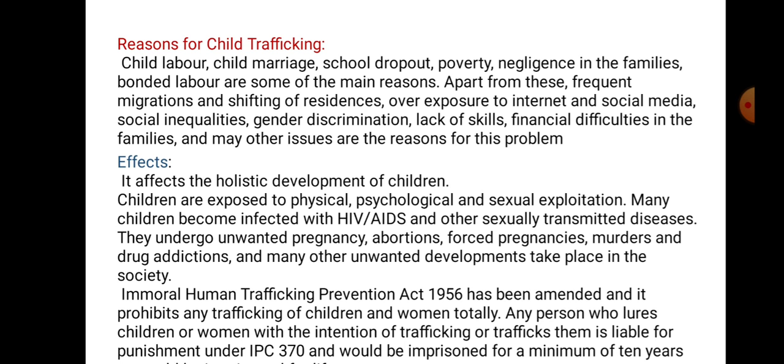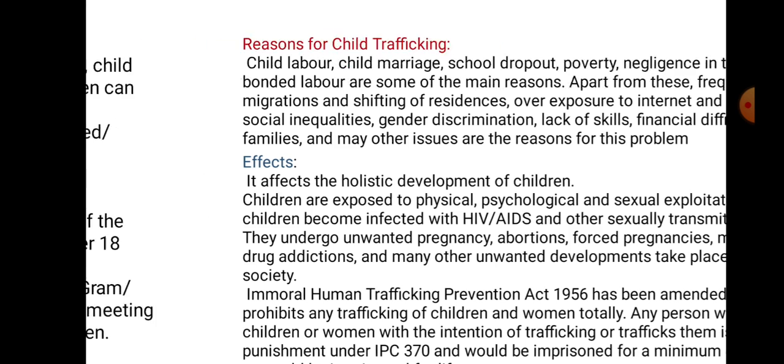Any person who lures or forces the children or women with the intention of trafficking, or traffics them, is liable for punishment under IPC section 370 and would be imprisoned for a minimum of 10 years or would be imprisoned for life also, depending upon the cases.